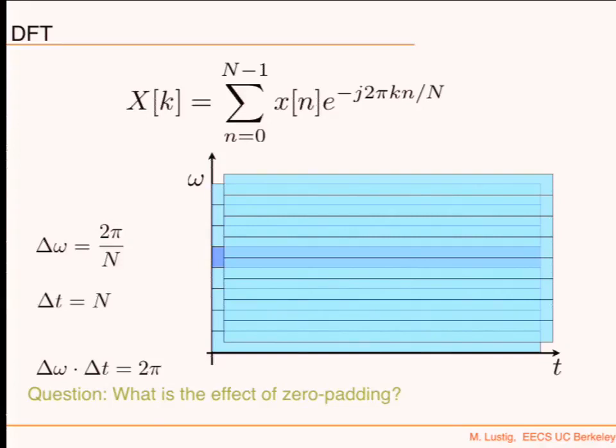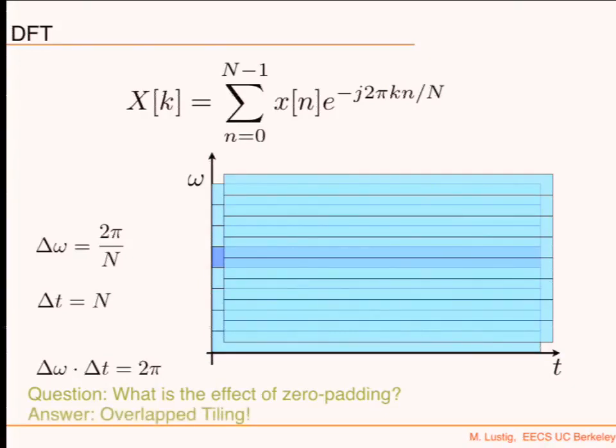Okay? It doesn't look sharper. My ability to resolve between two frequencies within this range is not existent. Okay? I can separate between frequencies in this range, but I cannot separate within that range. Okay, any questions?